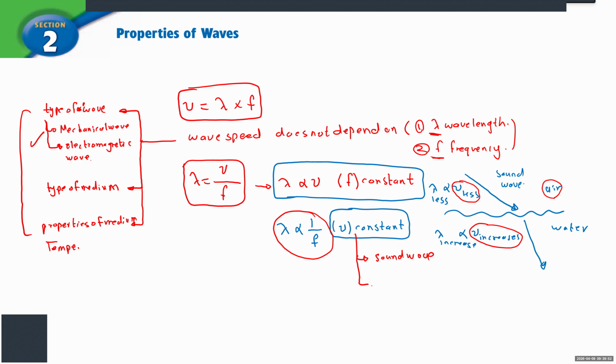Second, type of medium: when the wave passes only through the air, type of medium also is constant. And temperature of the medium, for example 25 Celsius degree, is room temperature. If these quantities are constant, wave speed is constant, so lambda with frequency is inversely proportional. This is about section 2.